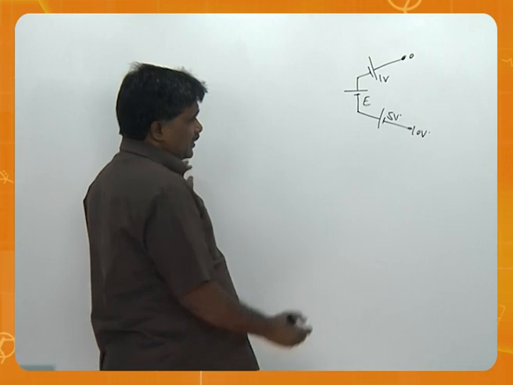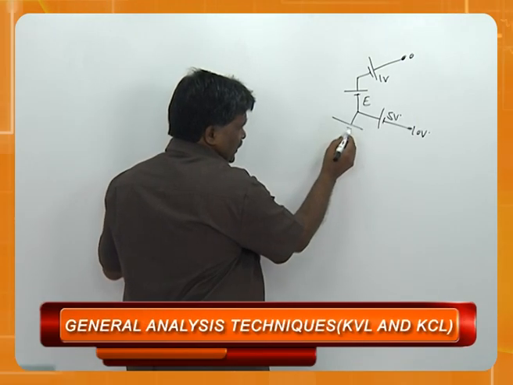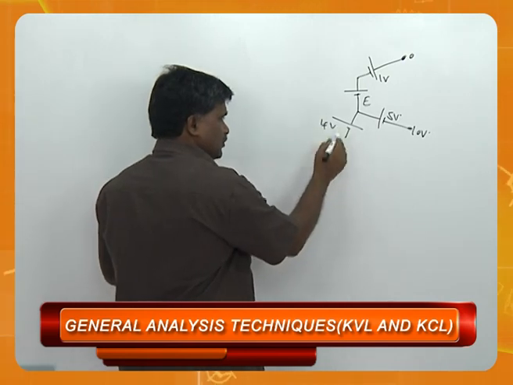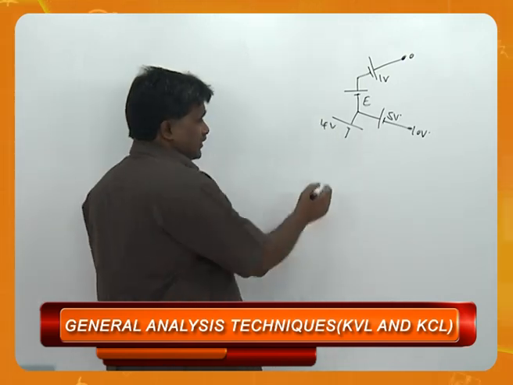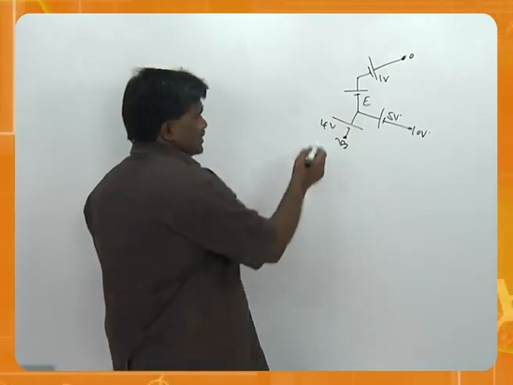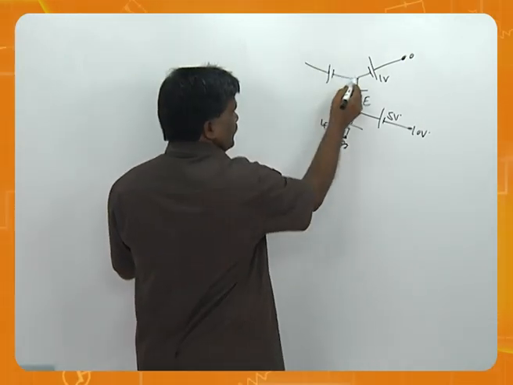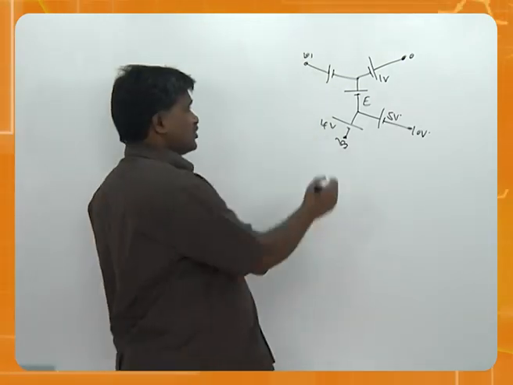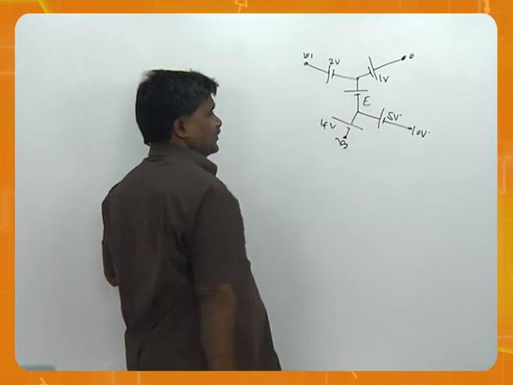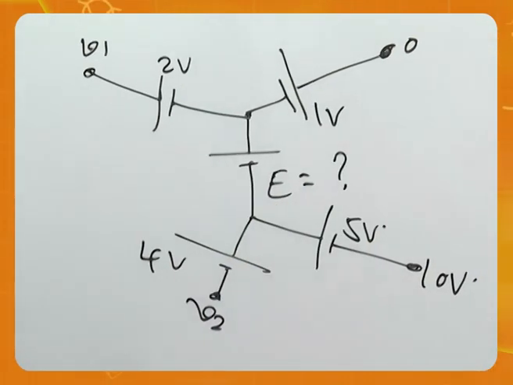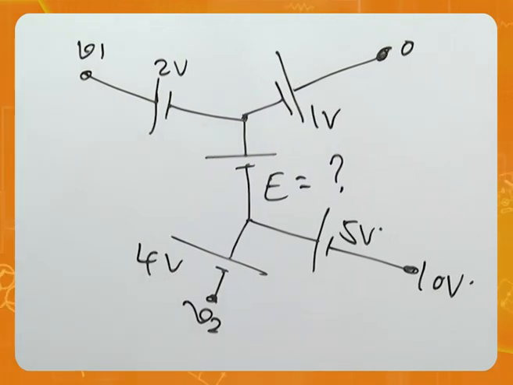Then you have another one here, 4 volts. Then he has not given anything, he simply said V2. And lastly he gave here V1. The voltage given is 2 volts. That's all. And all that he is asking us is to calculate E.